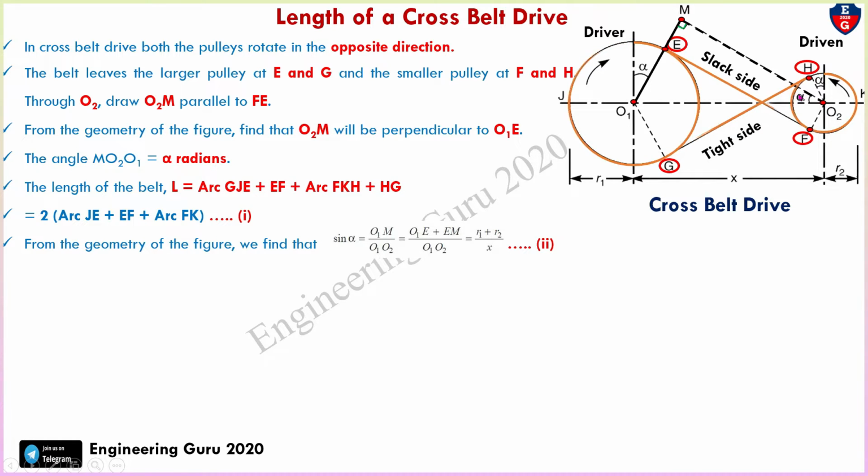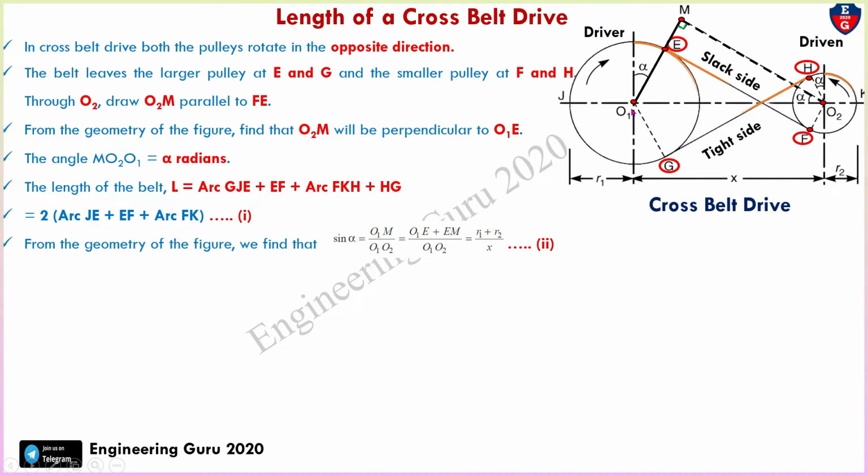Here we have angle alpha, so it should be O1M divided by O1O2. So we can write O1M equals O1E plus EM, divided by O1O2. Here O1E is the radius R1, plus EM, which is the radius of the smaller pulley, R2.